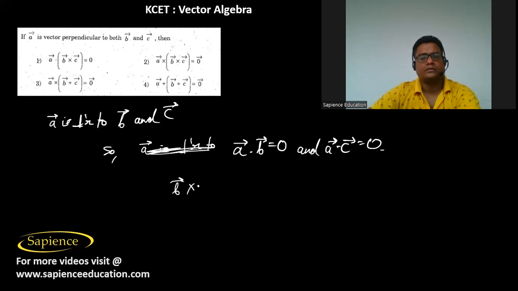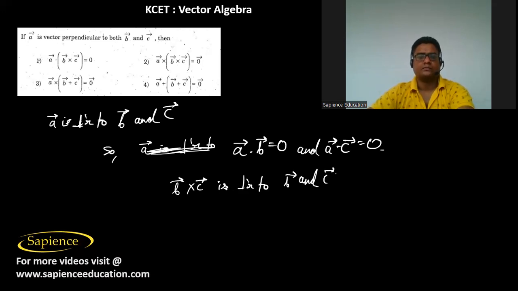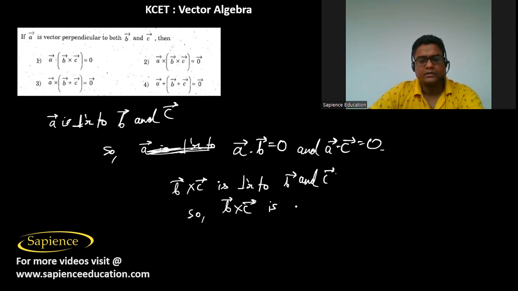Now the vector b cross c is also perpendicular to the vectors b and c. So it means that b cross c is parallel to the vector a.